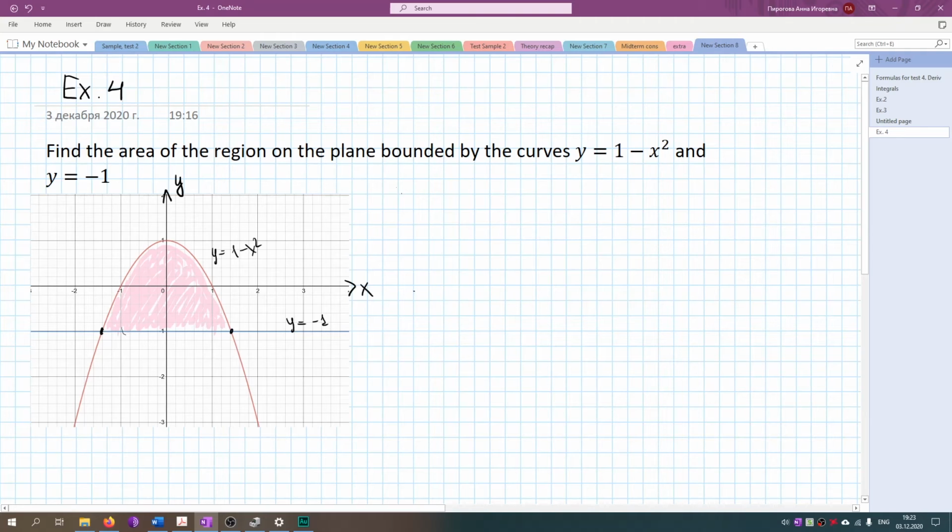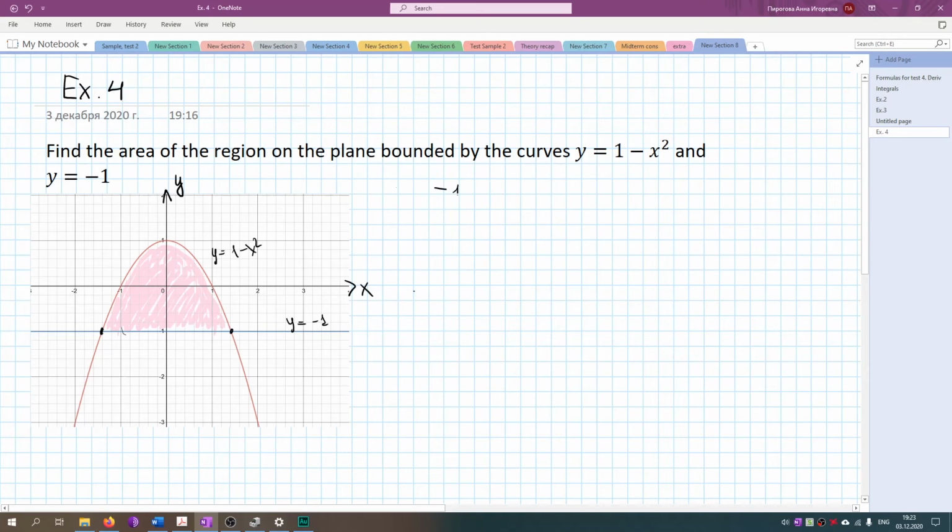So first of all, let's find the points of intersection of these two curves. For this, we will need to equate our two functions.